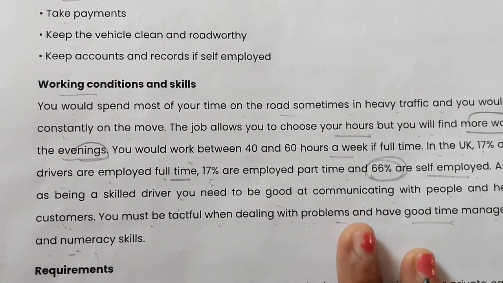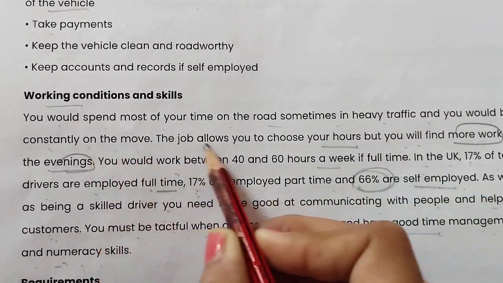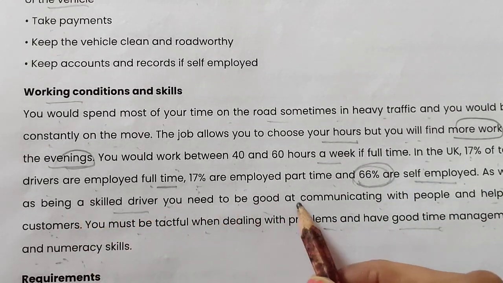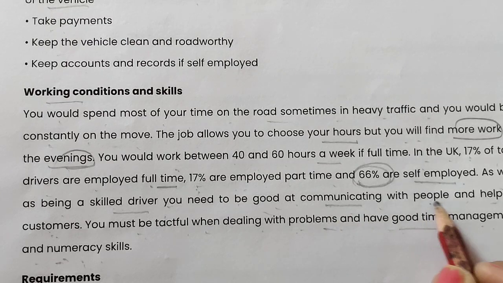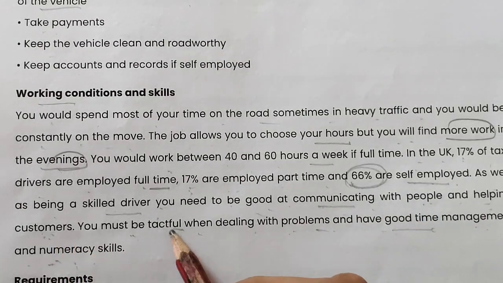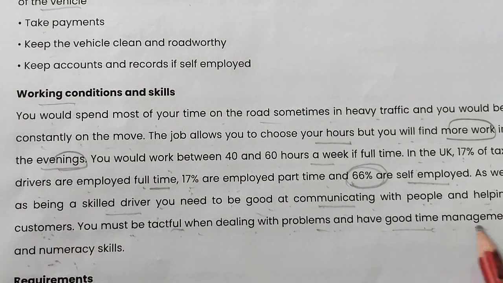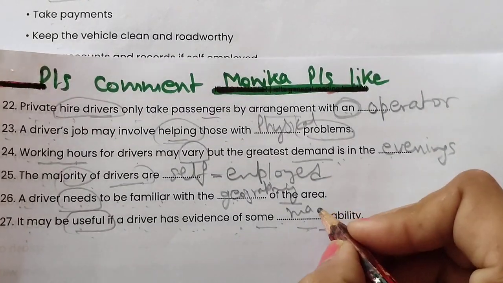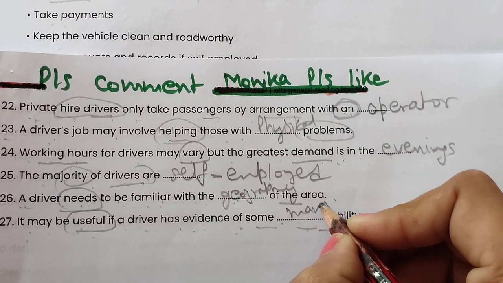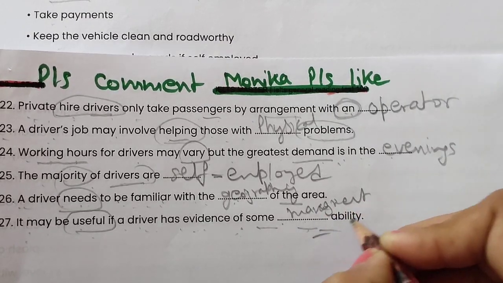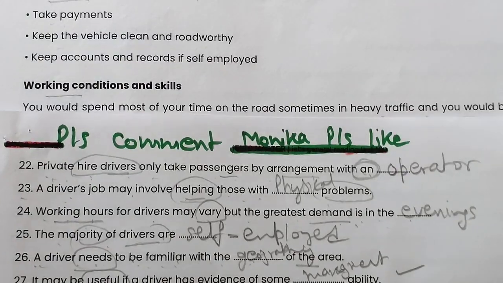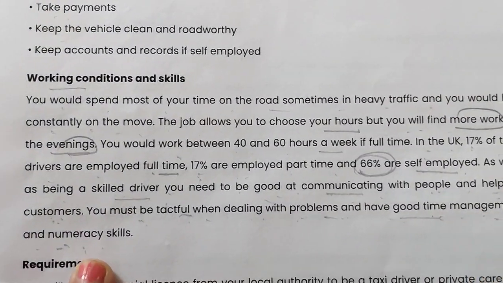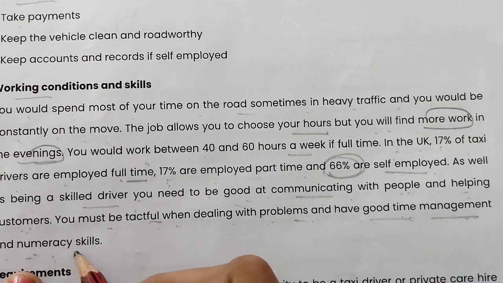So let's read this paragraph also. As well as being a skilled driver, you need to get good at communicating with people and helping customers. You must be tactful, dealing with problems, and have good time management. So I will write management ability here. Okay, you can check the answer. I think it will be correct here. Good time management and skills.